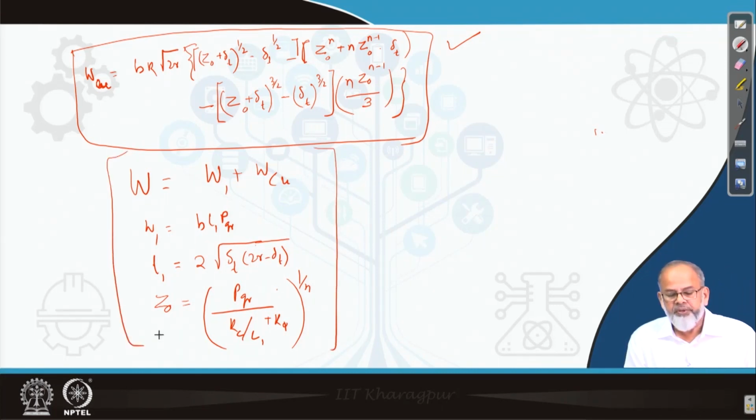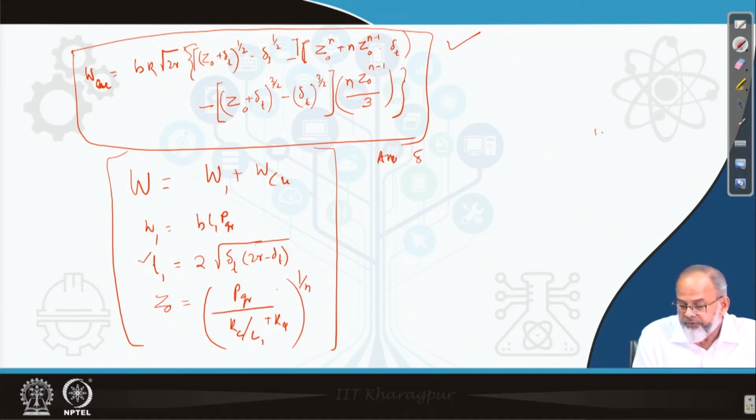So what you have to do is, first you have to assume a value of delta t, which is the sinkage, which is the deflection part. Then calculate L1, then find out W1 and W2. Then the summation of W1 and W2 should satisfy this condition.